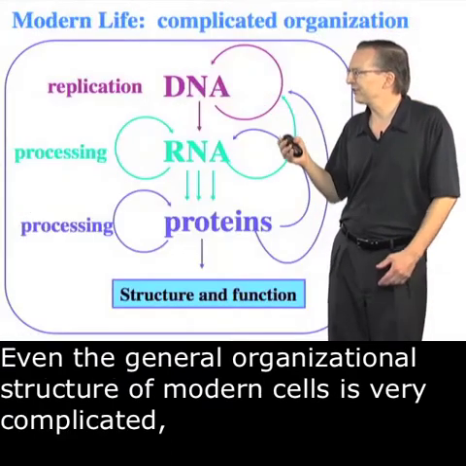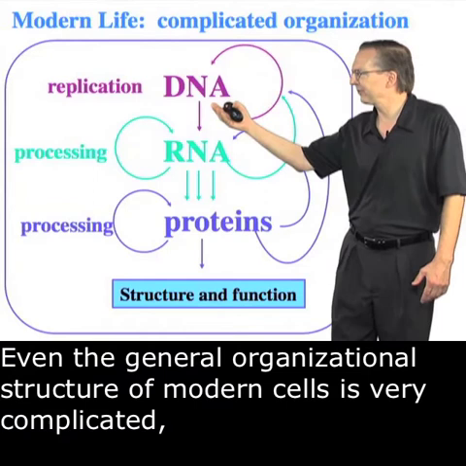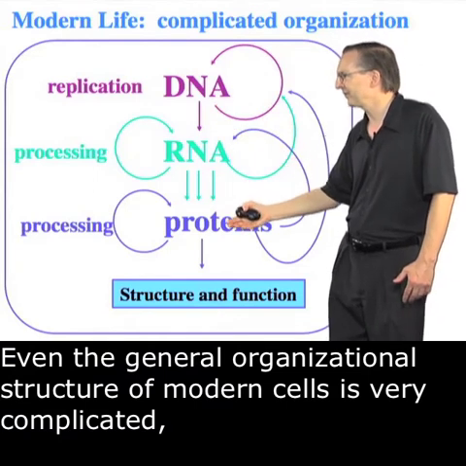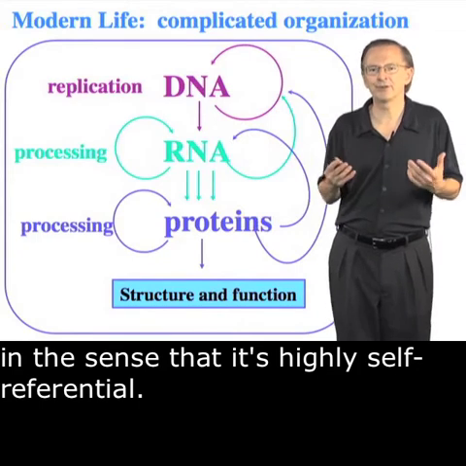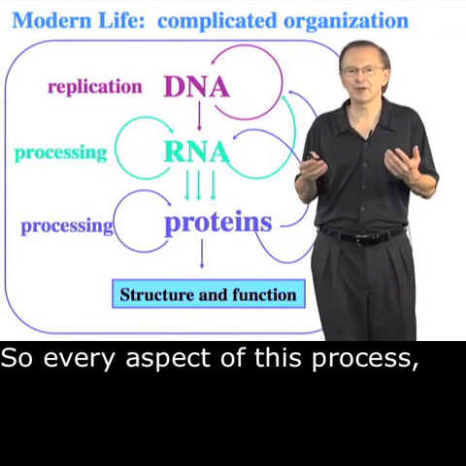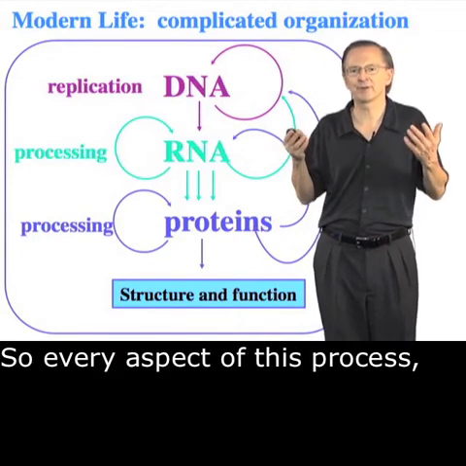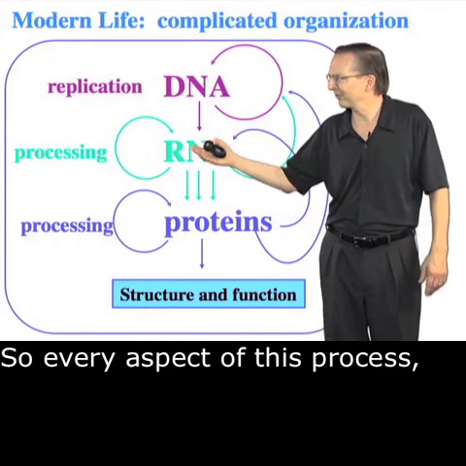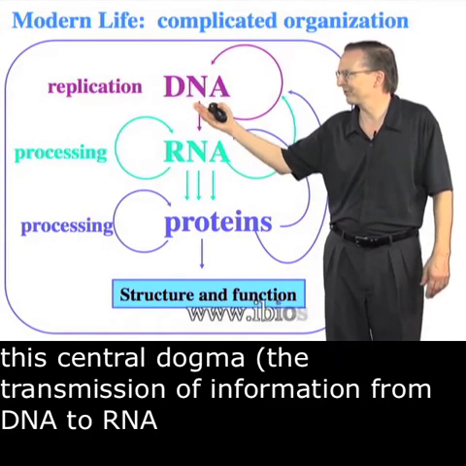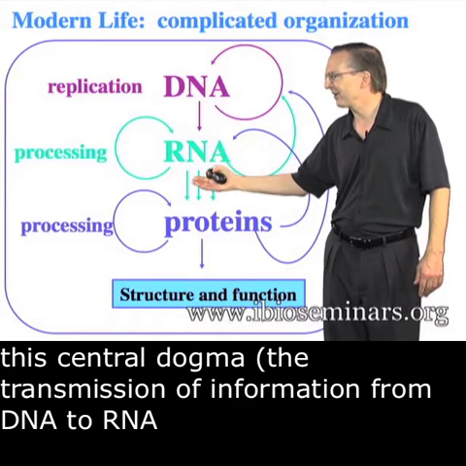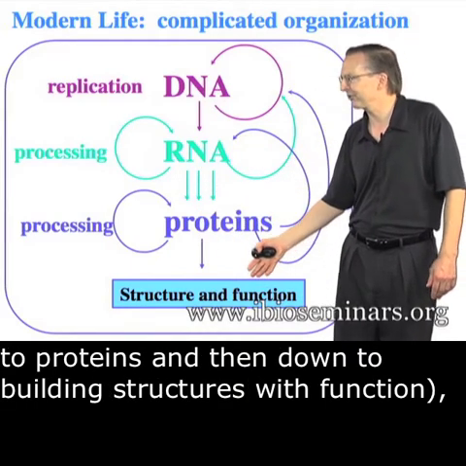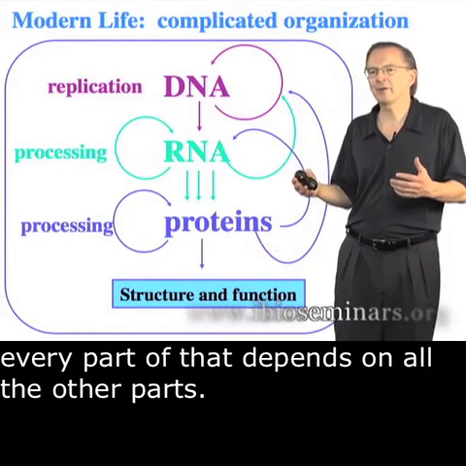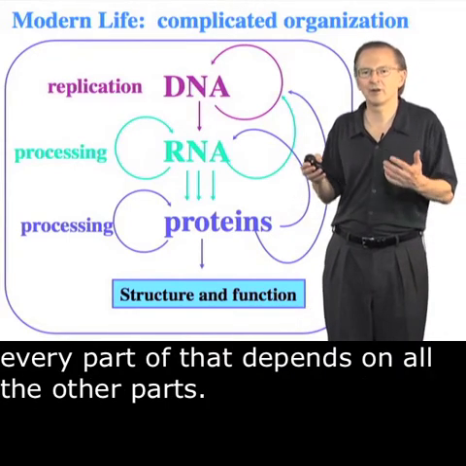Even the general organizational structure of modern cells is very complicated in the sense that it's highly self-referential. So every aspect of this process, the central dogma, the transmission of information from DNA to RNA to proteins, and then down to building structures with function. Every part of that depends on all the other parts.